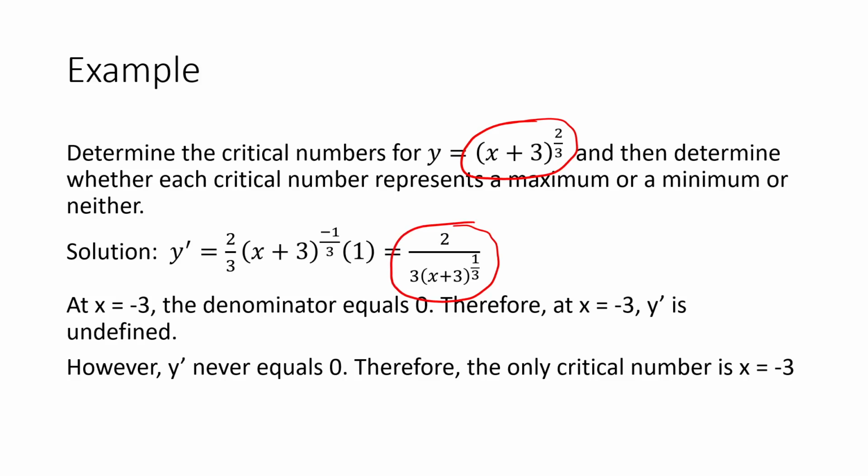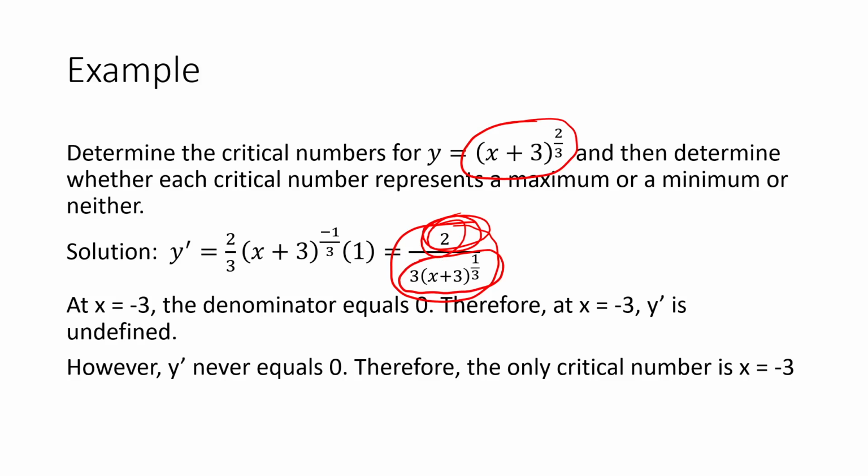Now, for the same reason as the last question, we cannot let that numerator equal 0 because it's impossible for 2 to equal 0. So there's not going to be any point at which our first derivative equals 0. But there might be a point at which the denominator of our first derivative equals 0. In other words, there might be an x value at which the first derivative is undefined.